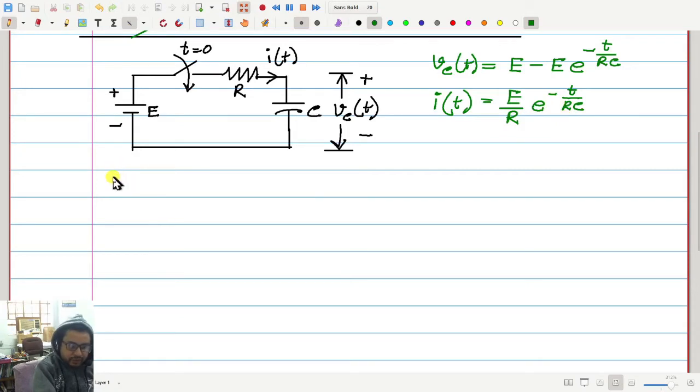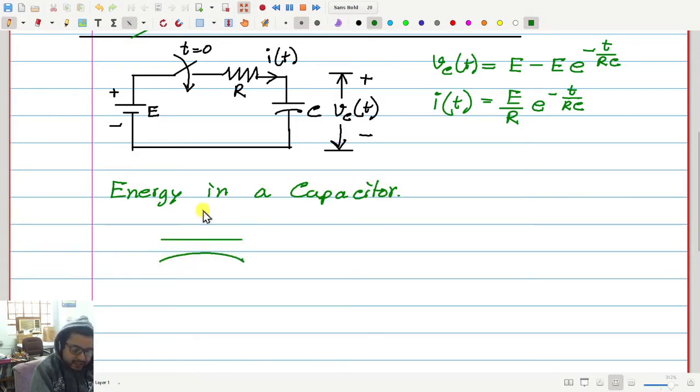Now, the question that we will investigate today is about the energy stored in a capacitor. First of all, suppose we have a parallel plate capacitor, two plates separated by some insulation, and suppose there is initially no charge in these two plates.